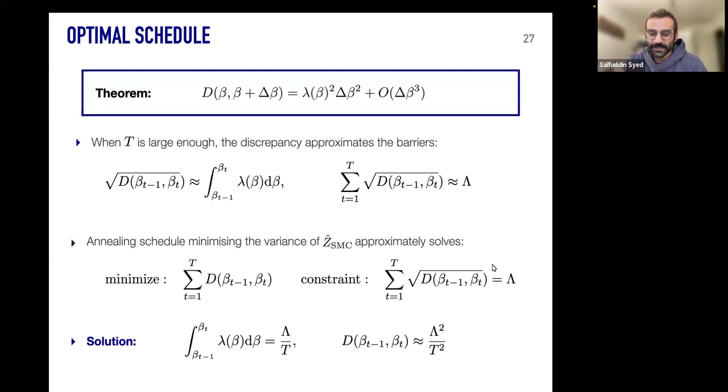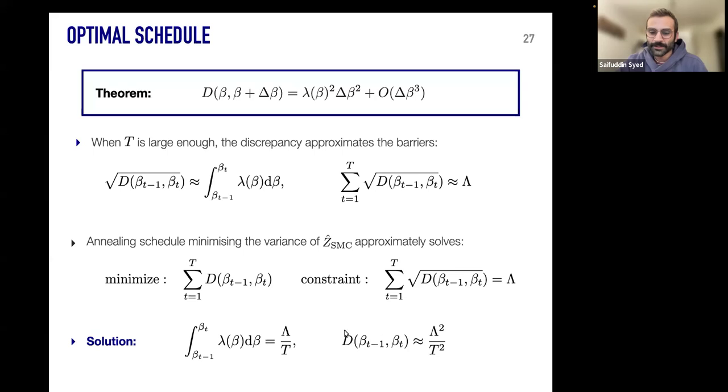And you can do this optimization and you end up getting that the optimal annealing schedule satisfies that the length accumulated from one distribution to the next is constant. So in particular, you want to pick the annealing parameters in such a way that it's reparameterizing our path at constant speed. So we're traversing the path with the same speed.